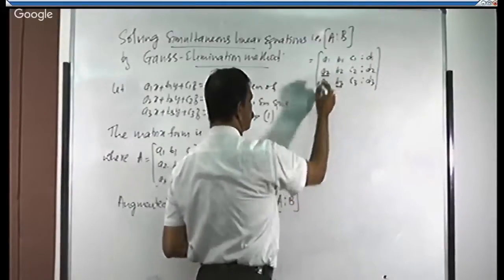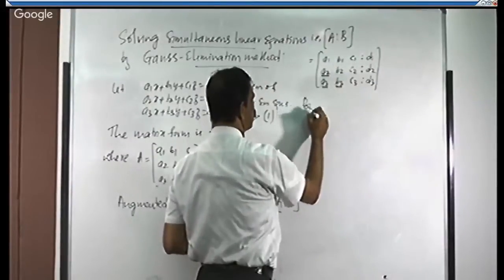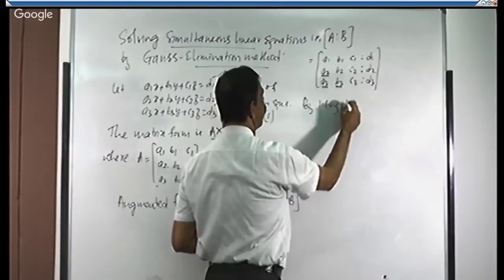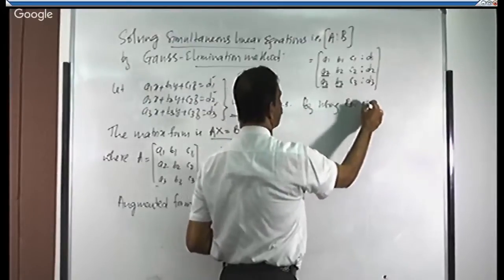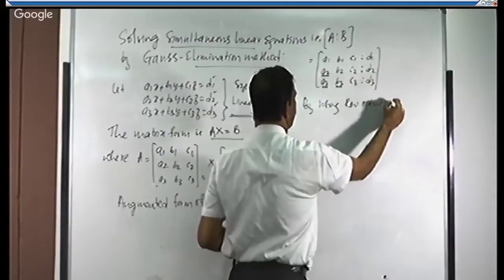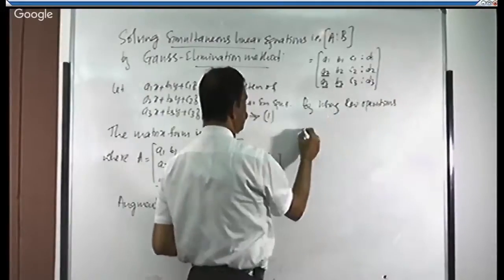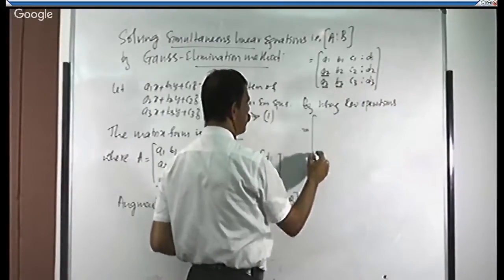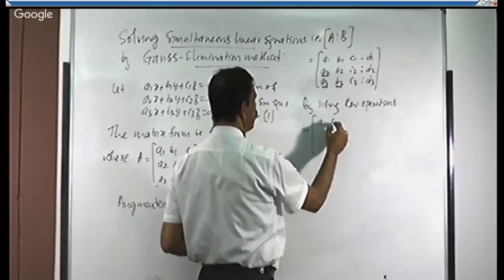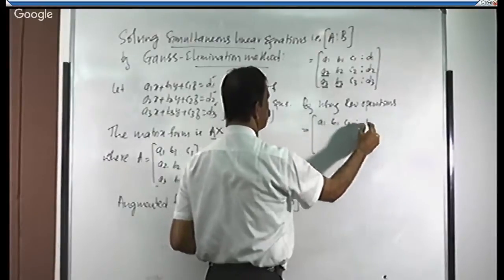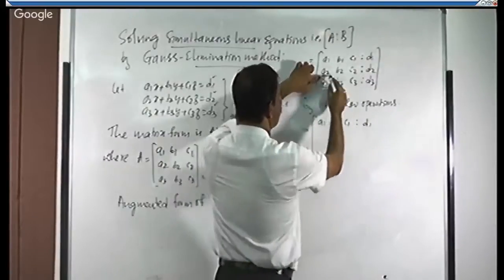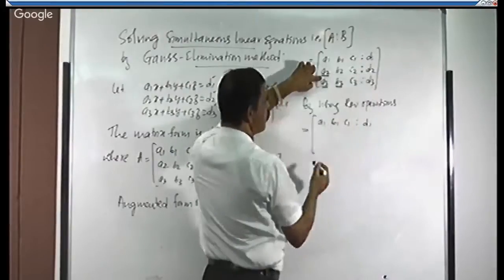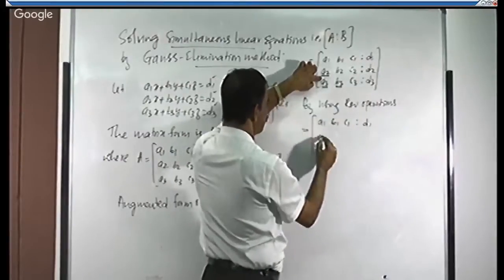So by using row operations, this augmented form may change: A1, B1, C1 is to D1. After applying the row operations, this will become 0.